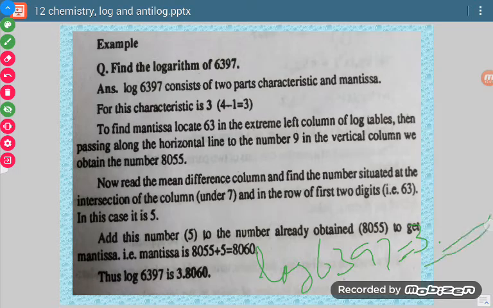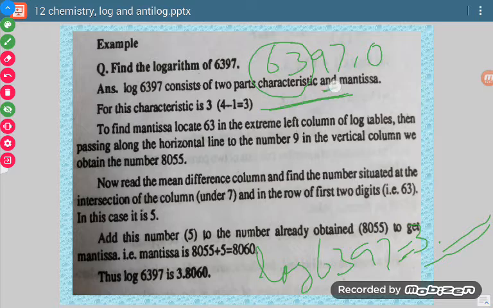Now we have to obtain the value of the mantissa. When we have written it like 6397.0, we could find the value of the characteristic. That value is 3. Now we will see the log table after removing the decimal. Since we can go till 4 digits only, there is no use of 0. So 63 under 9, under 7 we have to see. 63 under 9 is written 8055.